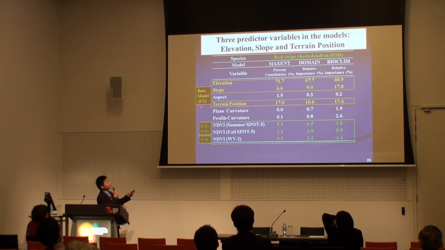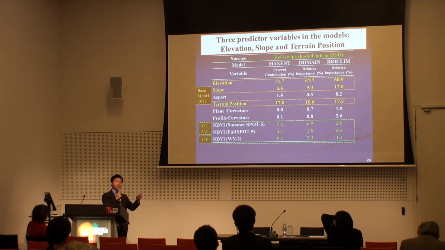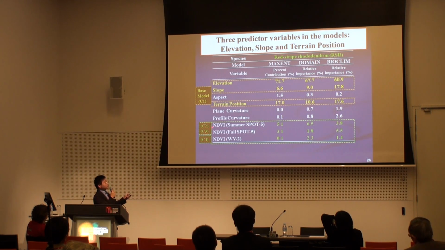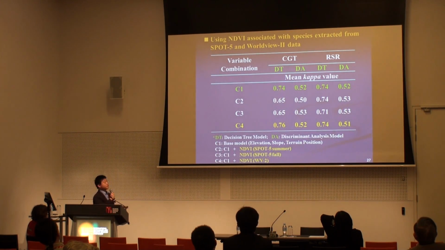Because we wish to compare what will happen when we add the spectral variable, we added the NDVI with the summer SPOT image and fall SPOT image, and the high resolution data were from the WorldView 2 image data. So later we call them C1, C2, C3, and C4. Next, I summarized that table to show you that C1 is using the Dongfeng-based model, where the variable combination only uses elevation, slope, and terrain position.